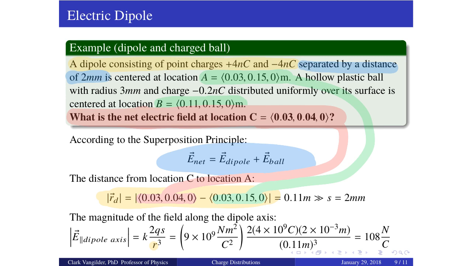The distance from location C to location A. C, A. One thing at a time. So we do that math.